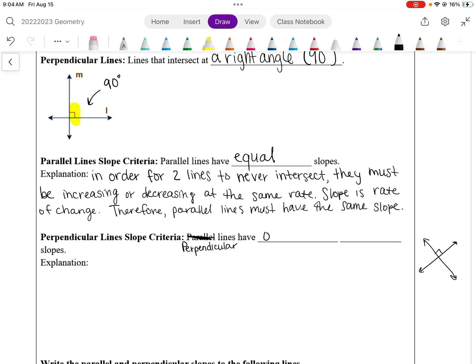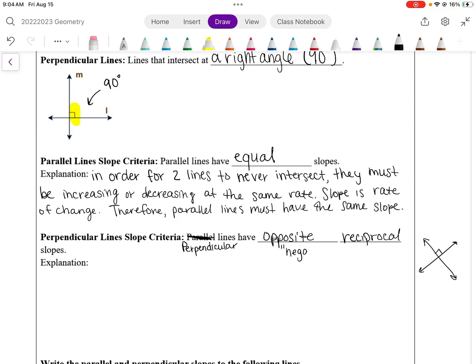Perpendicular lines, which is what we're talking about now, have what we're going to call opposite reciprocal slopes. And we're going to write a little explanation for this as well.